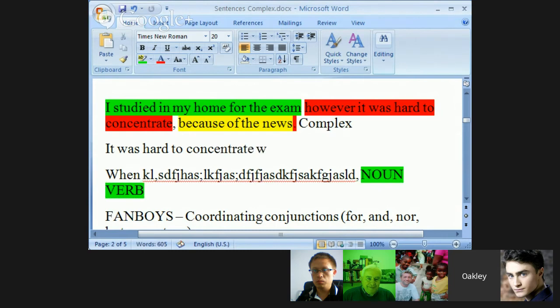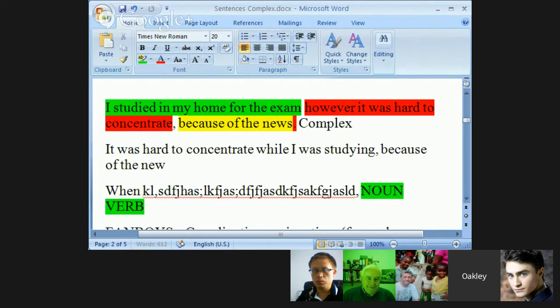While I was studying at home. Okay, while I was studying because of the news. All right. Yes, I think this is a more linear sentence. It's better for you because you personally think that this is more important information.